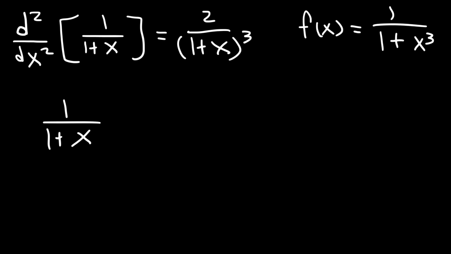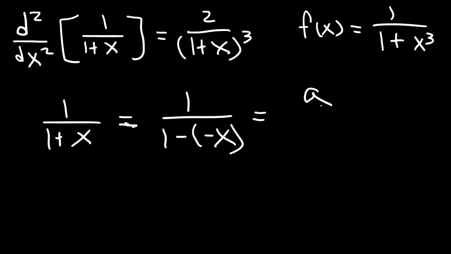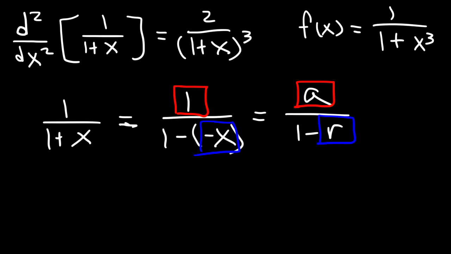Now what we need to do is change the positive sign into a negative sign. So a positive sign is equivalent to two negative signs. So 1 plus x is the same as 1 minus negative x. And now it's in the appropriate form. So we can see that a is 1 and r is negative x. So using the series a times r to the n, it becomes 1 times negative x to the n.